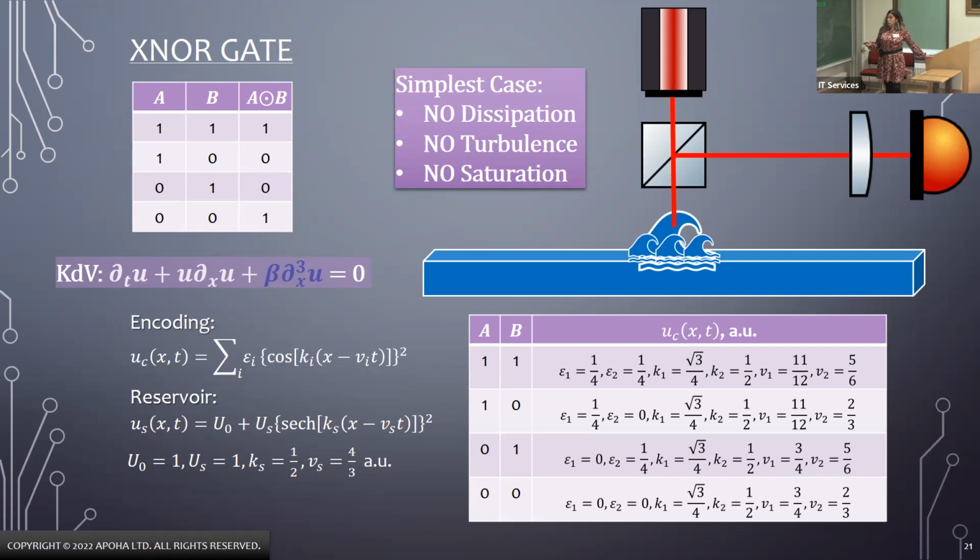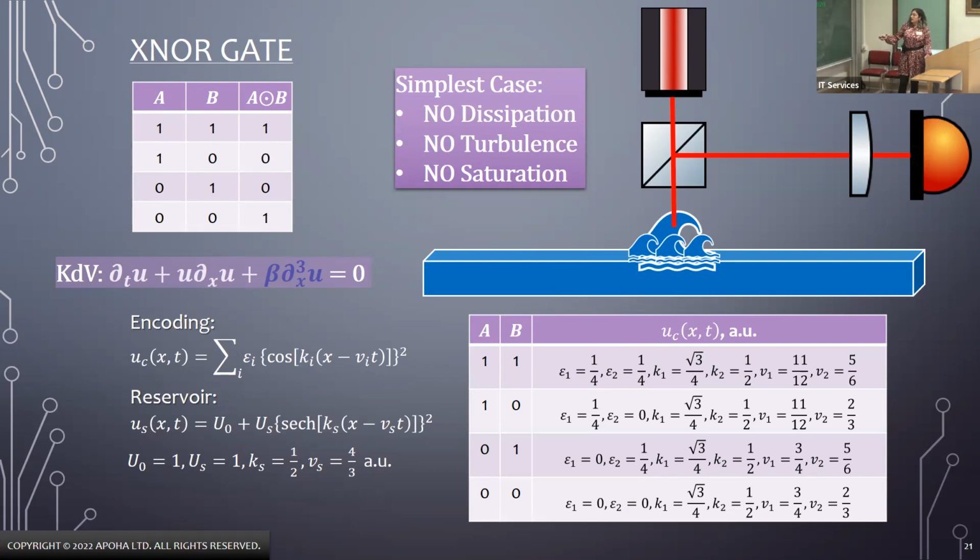So we have two Boolean variables, A and B, and two possible values, of course, 0 and 1. The nature of the variable is encoded in the k vector, so in the wave number.